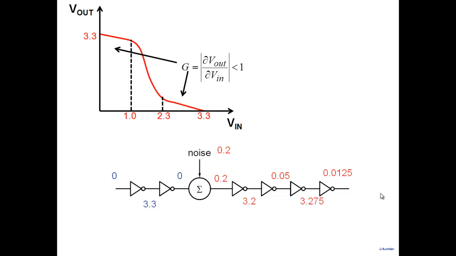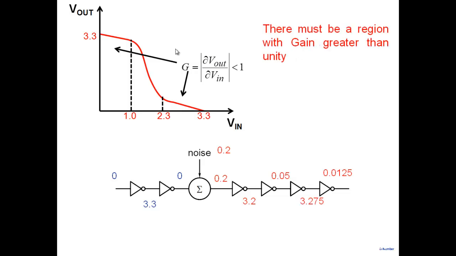So in order to make robust systems, either we need these regions with gain 0 here, or we need at least a region with gain less than 1 here. Right? Now this is interesting. If you need regions with gain 0 or gain less than 1 in these regions here, then there must be a region with gain greater than unity also.